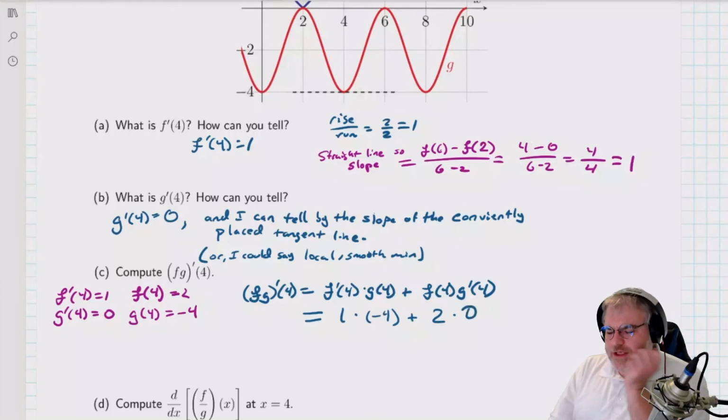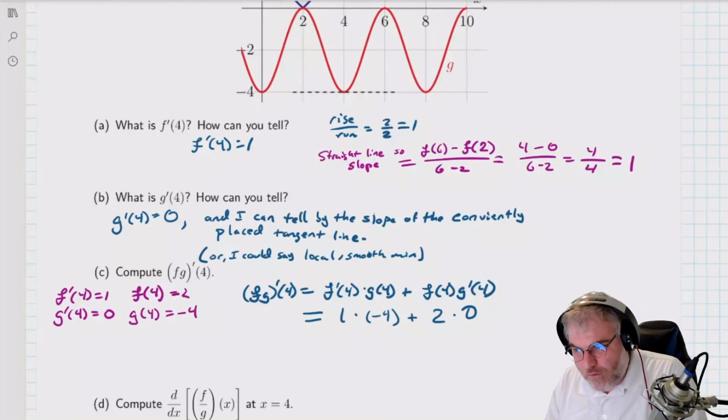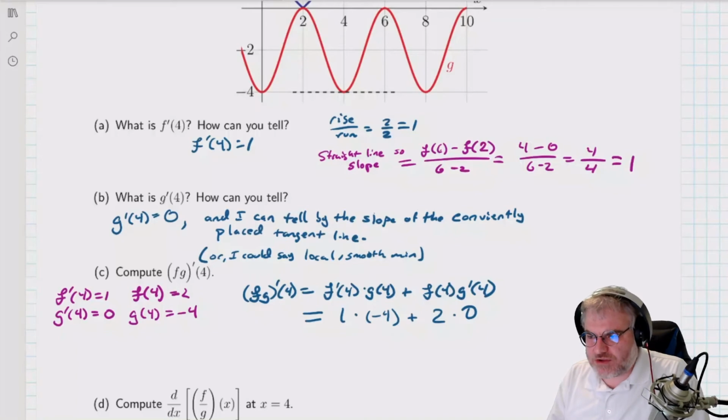Now, the reason why I'm going to write this out, well, first of all, you have to in my class. But even if you didn't have to, I would write this out, because then it's obvious. If you mess up later, you knew it was supposed to be f prime of 4 times g of 4, and then you made a bad substitution off your list. Oops, you get minus 0.5 instead of -4.